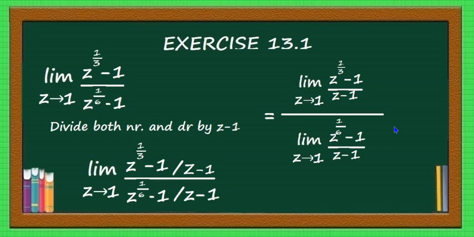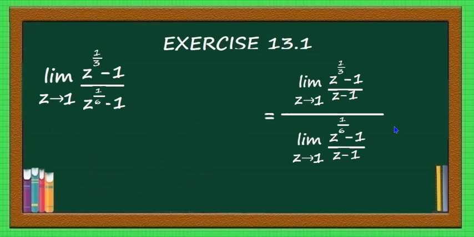Instead of x, z is there, and instead of a, 1 is there. And limit x tending to a, x power n minus a power n divided by x minus a is n a power n minus 1. Here what is n? N is 1 by 3 in the numerator. A is 1, and it is equal to 1 by 3 into 1 power 1 by 3 minus 1.